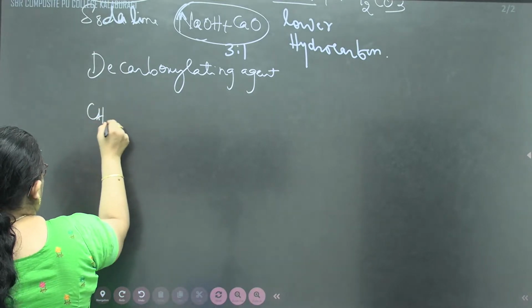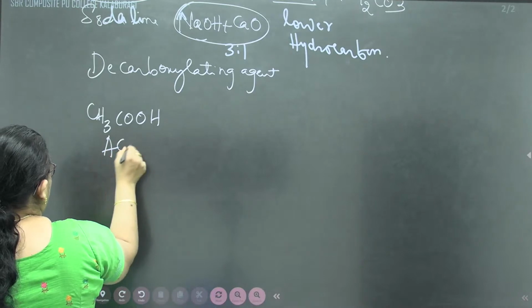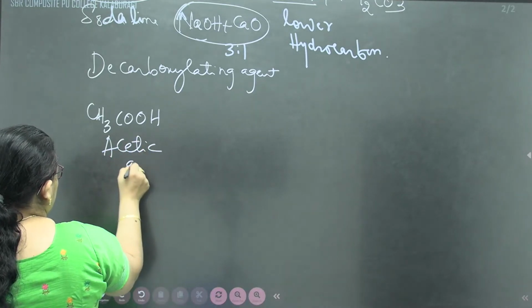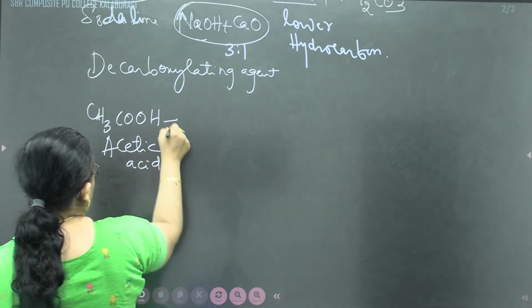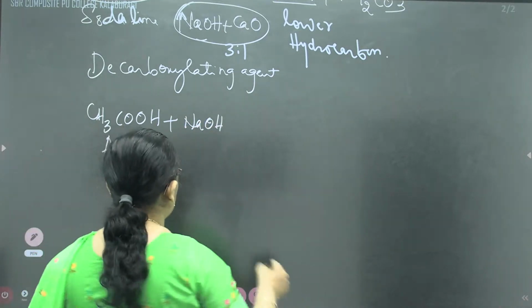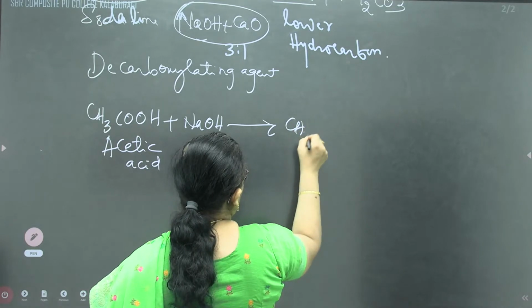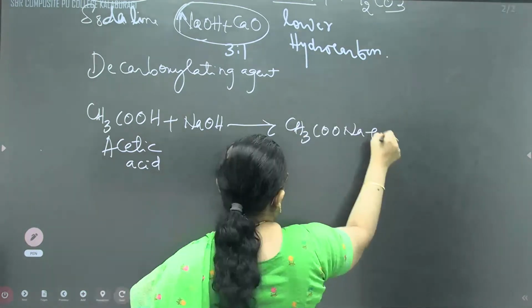Sodium acetate is prepared from acetic acid with sodium hydroxide. Neutralization occurs to get sodium acetate.